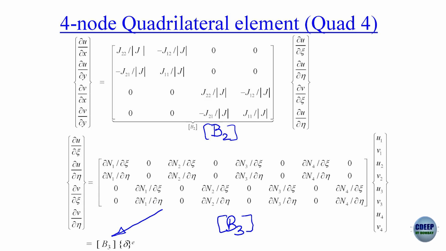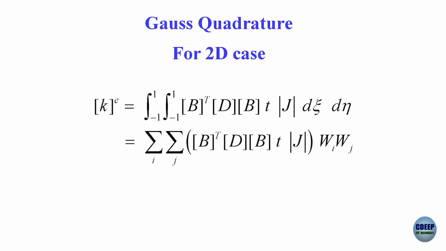Then B3 has derivatives of shape functions, which can vary from point to point. So, the B matrix will vary from point to point. Even if you assume a linear elastic isotropic homogeneous material, D does not vary, but again B will vary: B transpose D B, thickness, and then the determinant of the Jacobian.